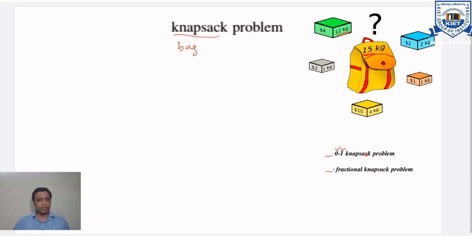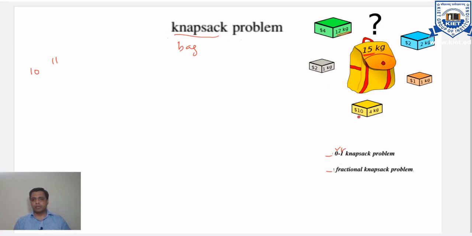This could be one choice. So the most costly item here is $10, with 4 kg. If I pick this item, my bag capacity after picking it would become 11 kg, because 4 kg has been reduced from here. So after picking this item, the cost of the bag would be 10 and the remaining capacity is 11.